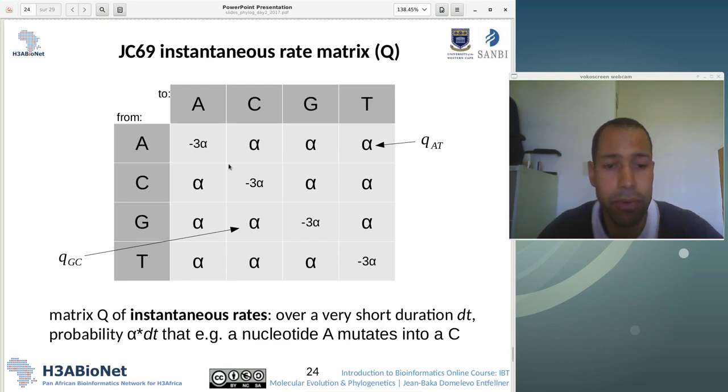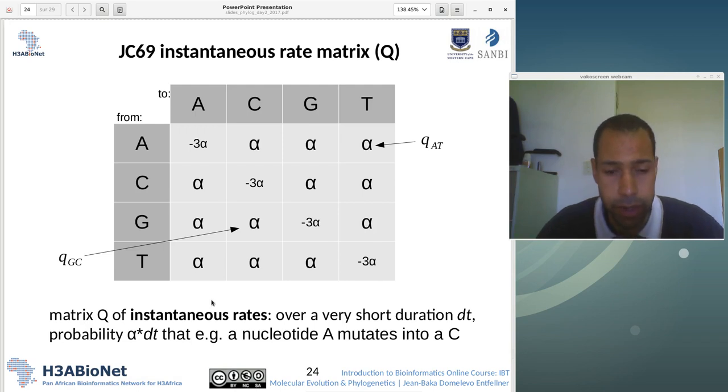But for some mathematical reasons, any matrix of instantaneous rates must have all its rows summing to 0. So you can think about this as a placeholder, but if you want to give a value here, it's minus the sum of the other 3 elements on that row. So you have minus 3 alphas there.